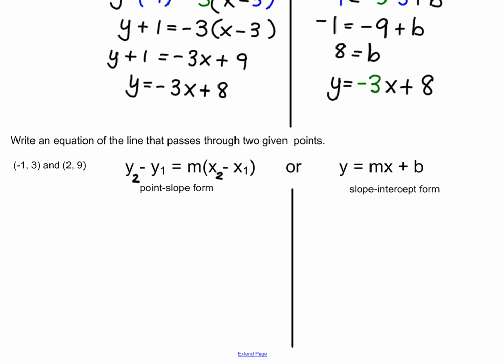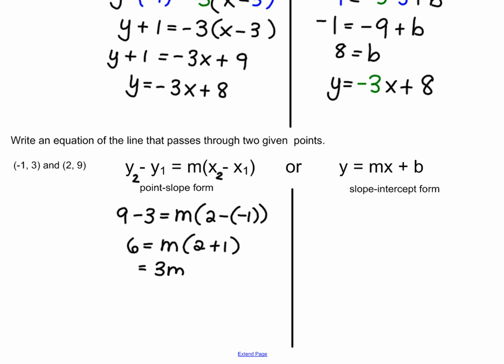So we'll do 9 minus 3 equals m, our slope, times x2 minus x1. Be careful of that negative there. So that means 6 equals m times 2 minus a -1, which is really 2 plus 1, which is 3. So 3m equals 6, and if we divide both sides by 3, we know our slope then is 2.